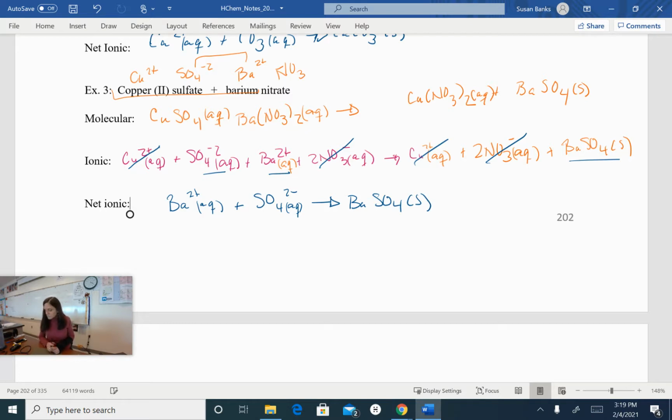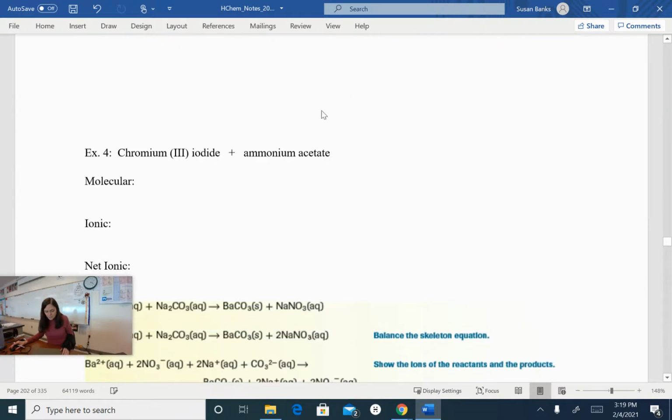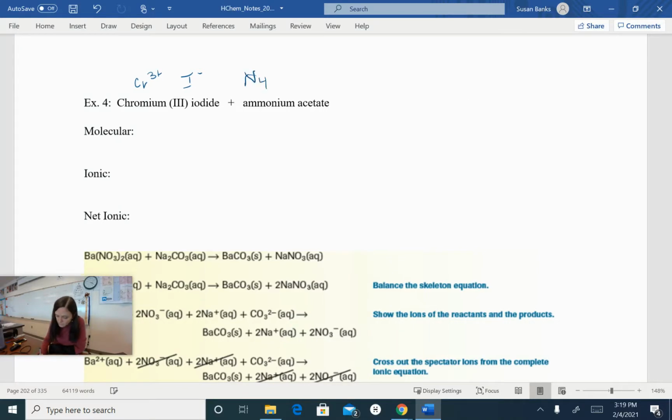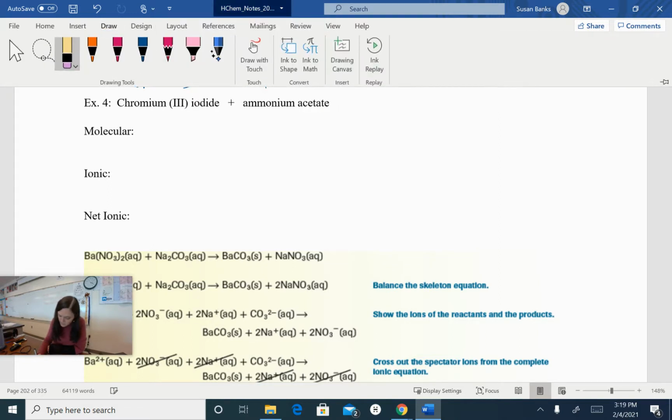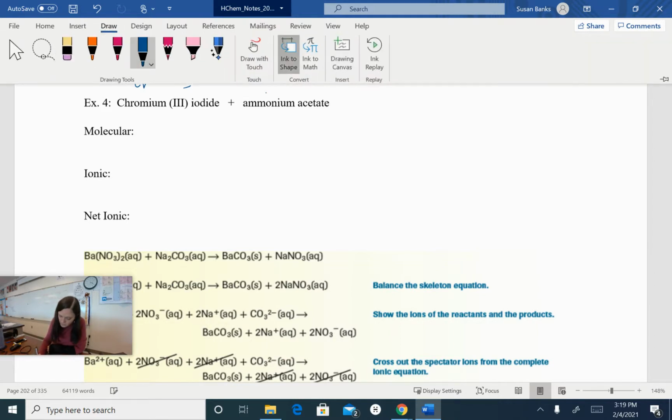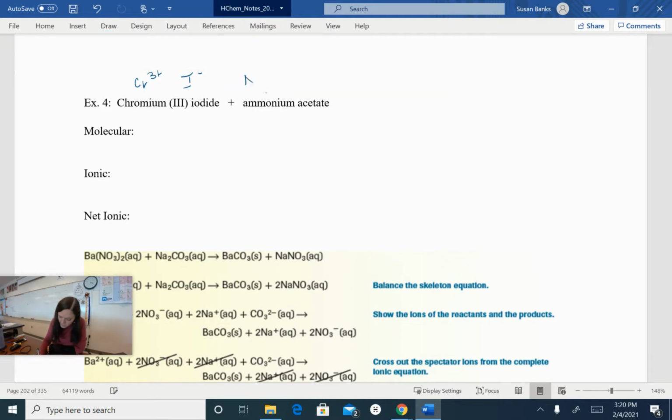Okay? All right, one more example. Chromium 3 iodide. So the chromium is going to be a positive 3. Iodide is a negative 1. It's on our halogen. And then we have ammonium, NH4, and that's a positive 1.